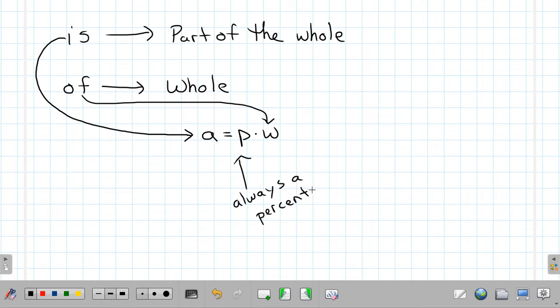So if you see the percentage in one of these questions, that's always going to be automatically P. The only thing you have to worry about is the A and the W. What are you going to plug in for those?